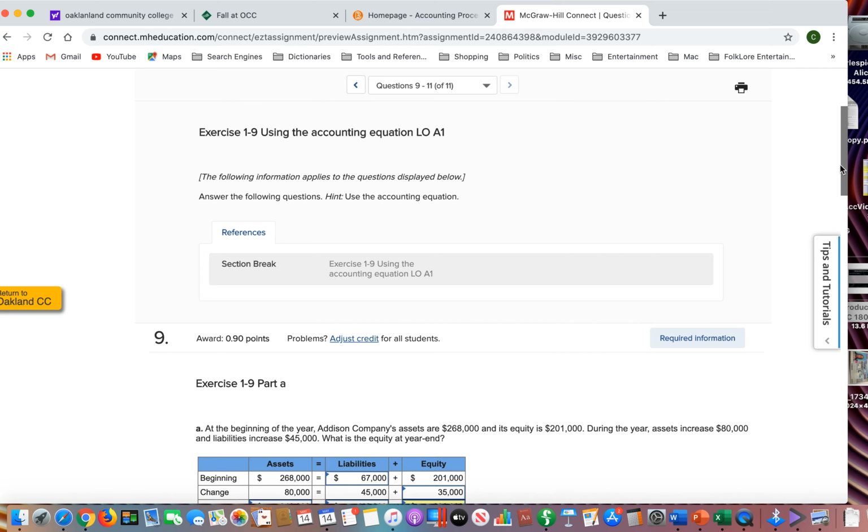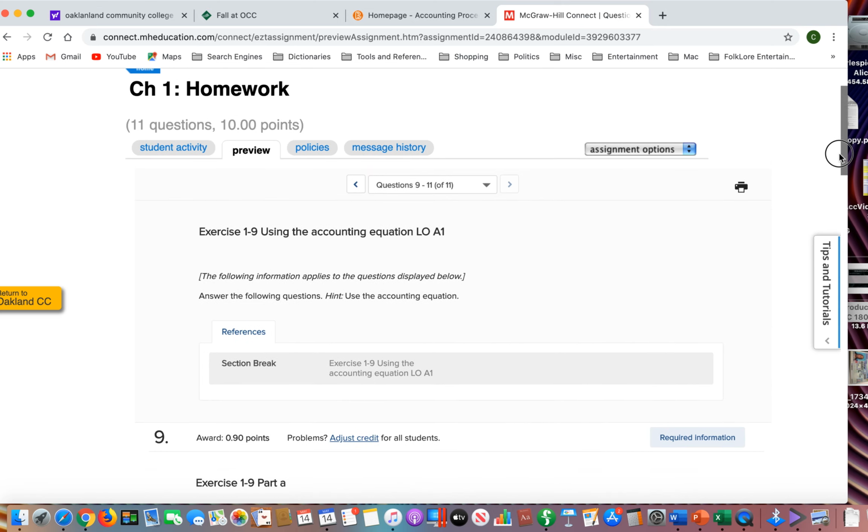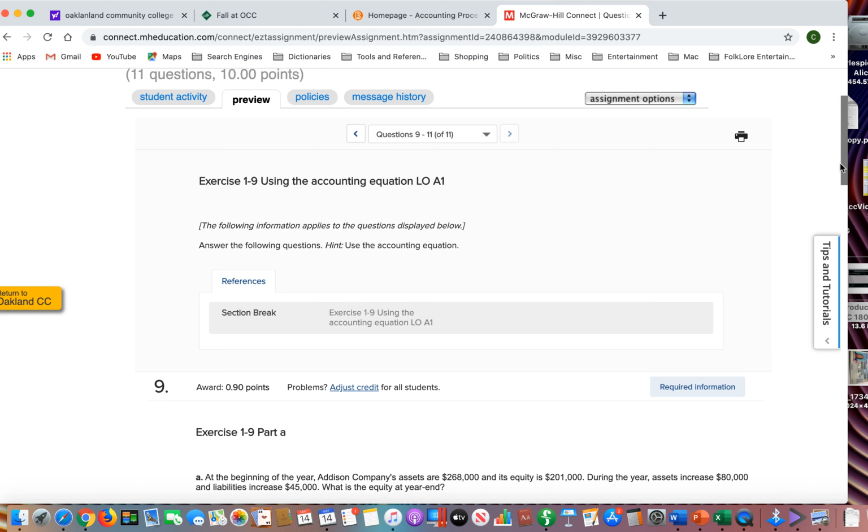And this is a nice problem here. At the beginning of the year, assets were $268,000 and an equity of $201,000. Think about that. Don't forget, assets equals liabilities plus owner's equity.